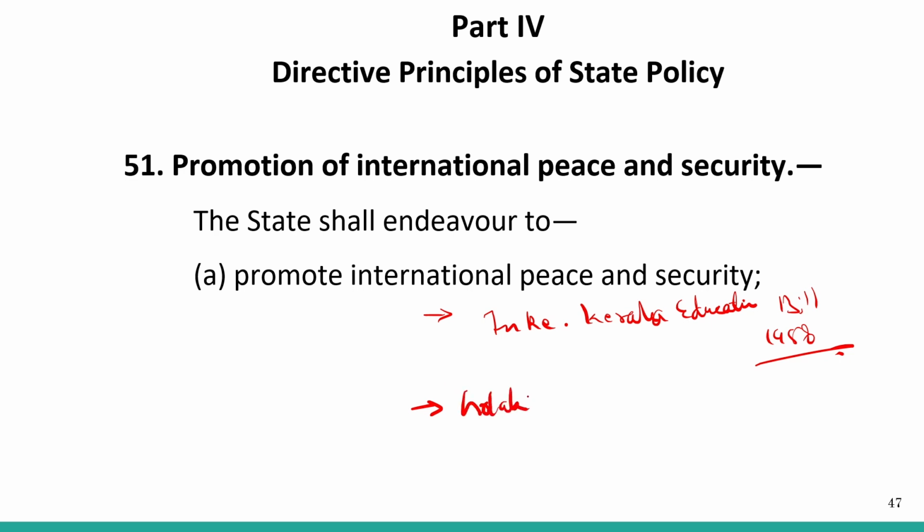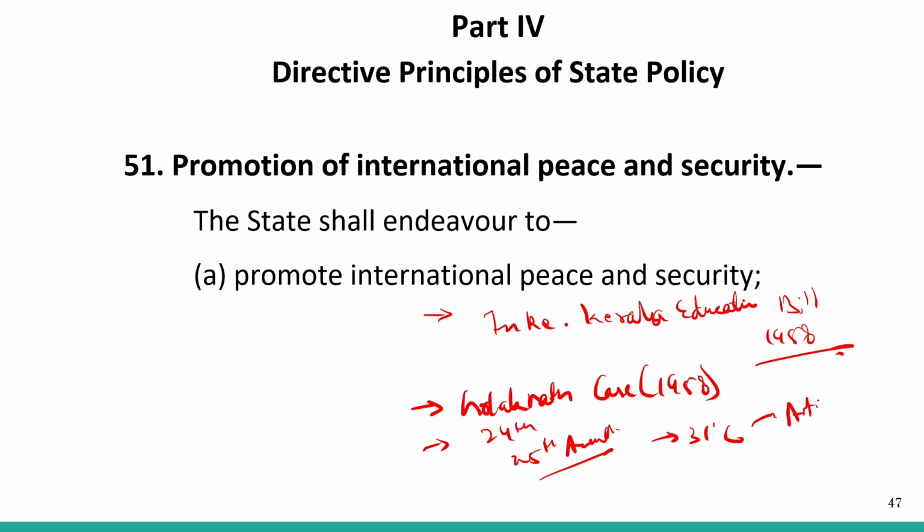Golaknath case is a case whether the preamble has been considered as the integral part of the constitution or not has been mentioned, and it has challenged the 24th and the 25th amendment that was brought about by the government, which talks about Article 31C, which is related to Articles 14, 19, and 31.